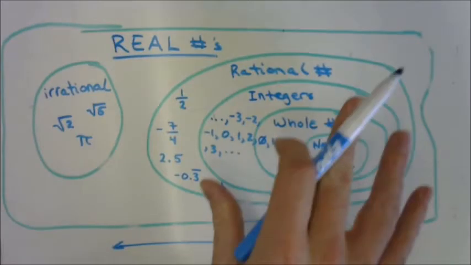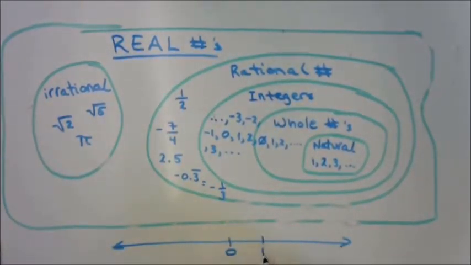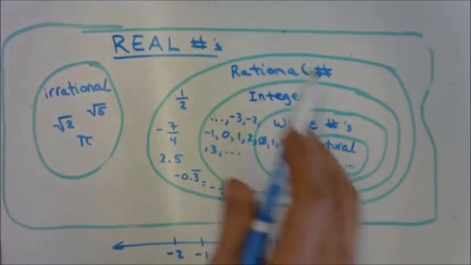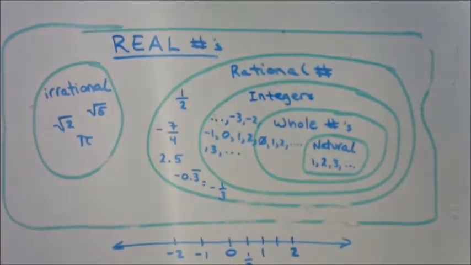So this box that we just drew is all the numbers: positive, negative, as well as all the fractions and all the decimals that fit in between. They're all included in this diagram.